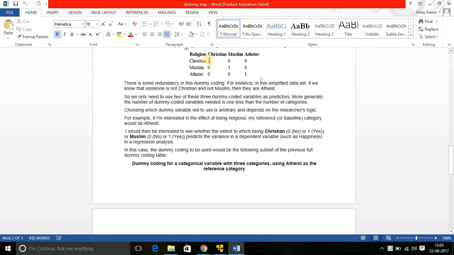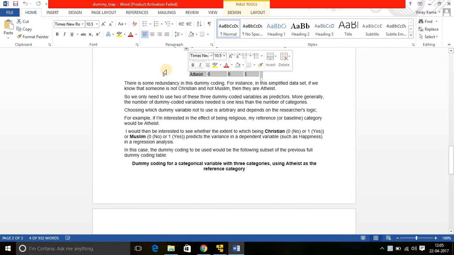Like he's not a Christian and he's not a Muslim. Then these two will be 0. So in cases where the Christian dummy and Muslim dummy are 0, that obviously means he's an atheist. If he's not a Christian or Muslim, obviously he's an atheist. So we don't have to create an extra dummy called atheist. We can be very sure about the atheist category using only Christian and Muslim.